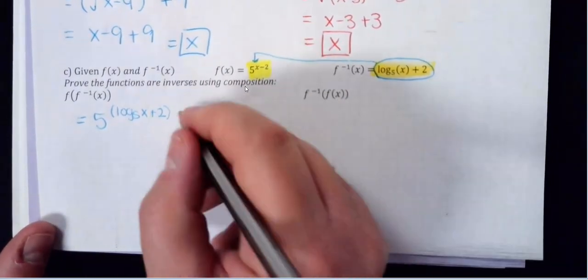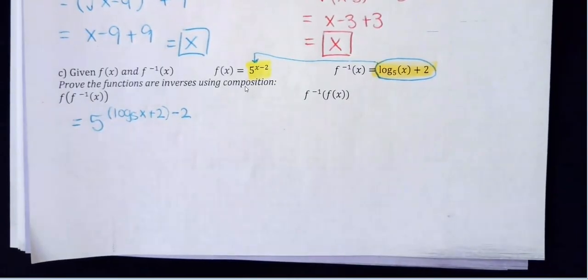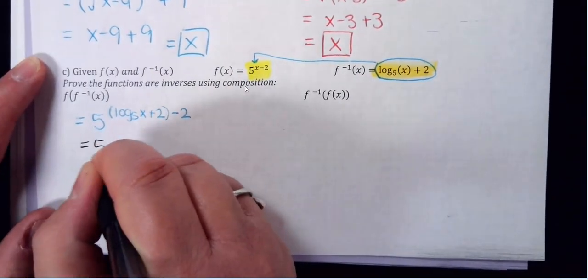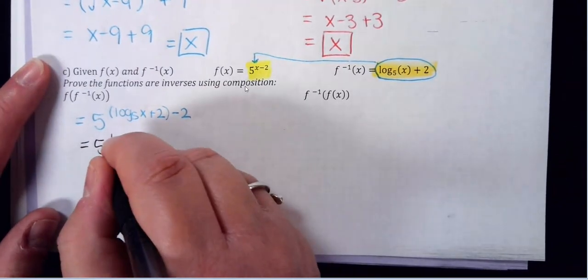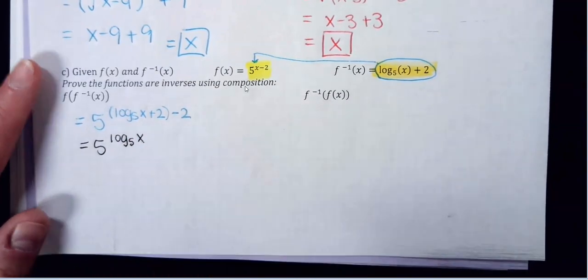And then I had a minus 2 that was also in that exponent. Sorry, this is really out of focus right now. I'm going to use a different pen. Now, in that exponent, I have a plus 2 and a minus 2, and I'm just going to cancel that out. So I have 5 to the log base 5 of x here.